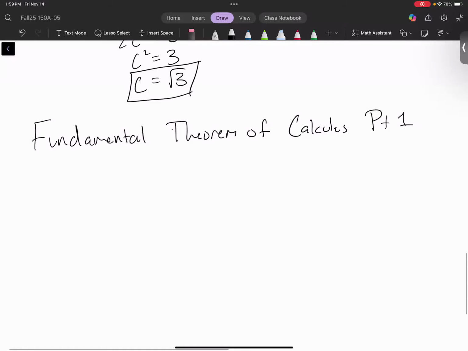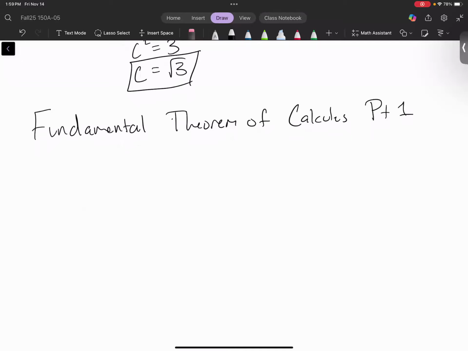So what's going on here? What this is saying is I have a function f of x which is continuous on a to b. Then we're going to define a new function, capital F of x. This should be hinting at 4.10.